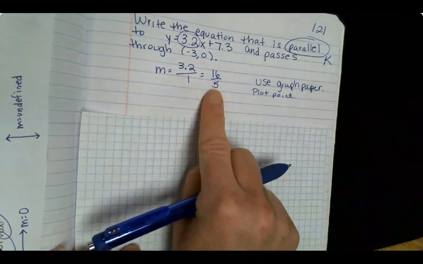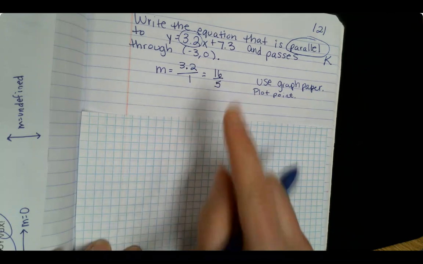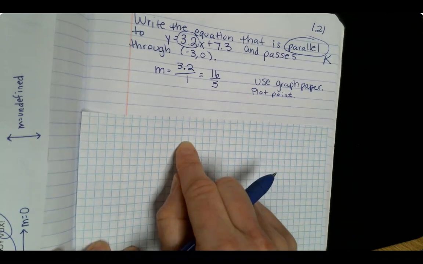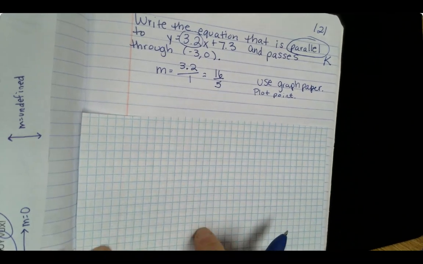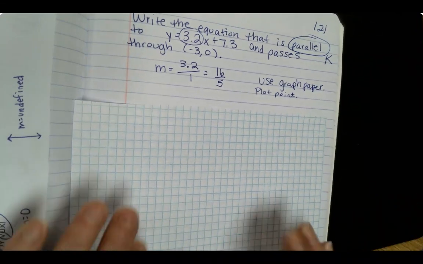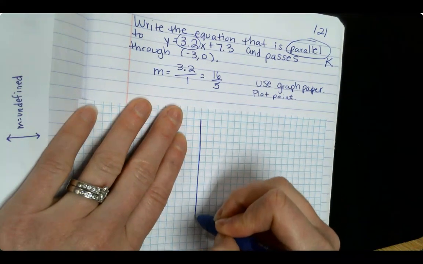Okay, so think about a slope of 16 over 5. That means we are going to have to plot a point and then count up 16 and over 5. That means our graph is going to have to be big enough to be able to go up 16 over 5. So I'm going to make my y-axis just kind of down the middle.